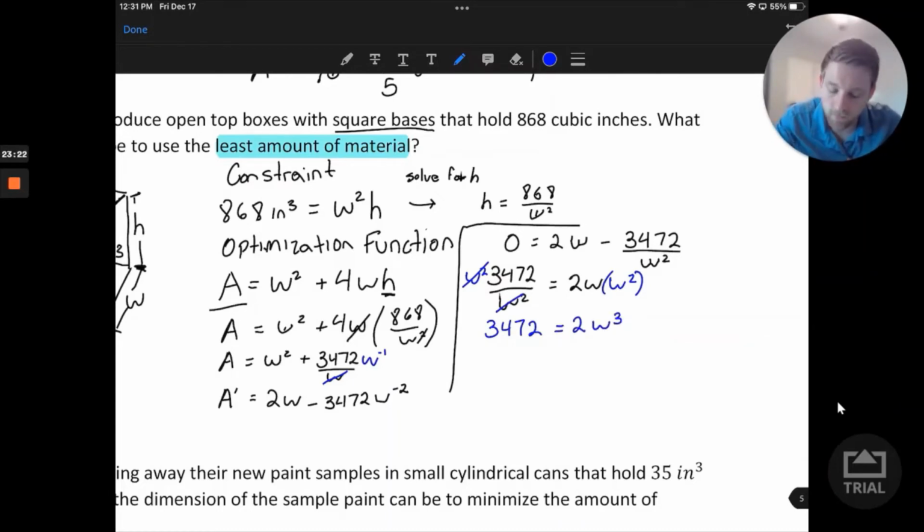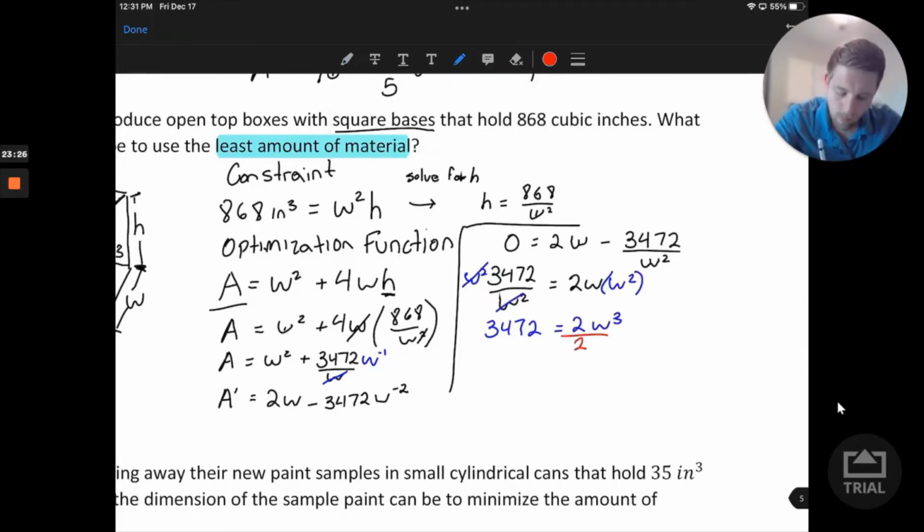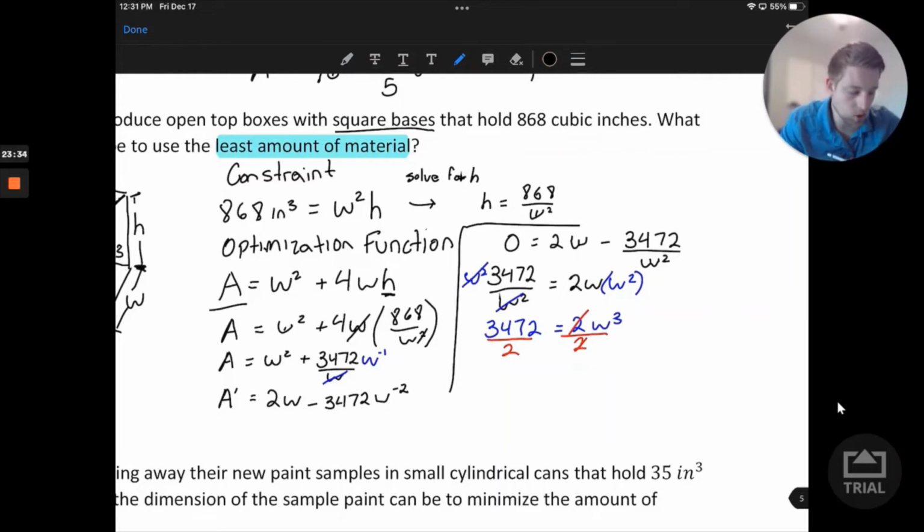We could also divide both sides by 2 to get our next term, set equal to W cubed. That would end up being 1,736, looks like, is equal to our W cubed.